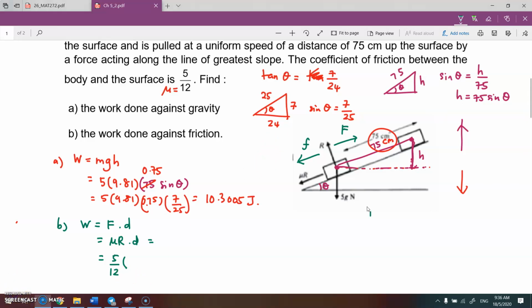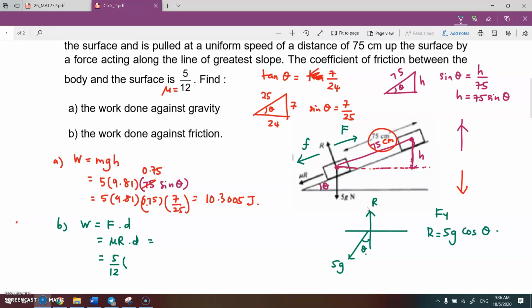How are we going to find R? If this is R, and then we have 5g, and theta is here, R is equal to negative 5g resolved in Fy, which means you want cos theta.